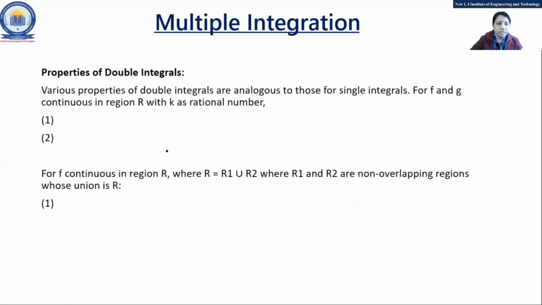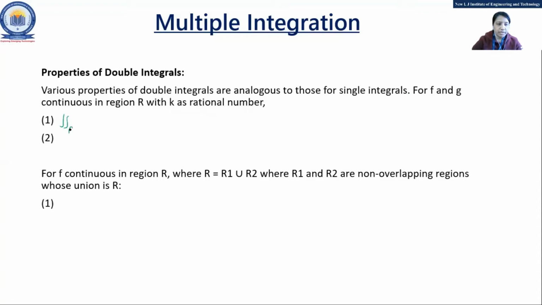Now, some properties of double integration. For f and g, two functions given which are continuous in region R, with k as a constant.